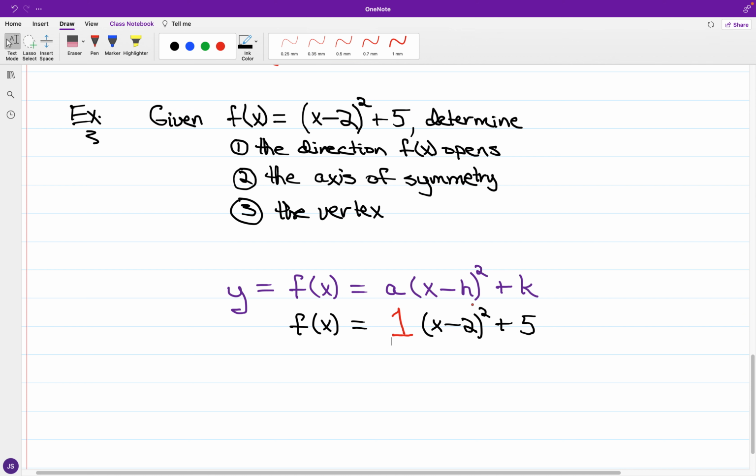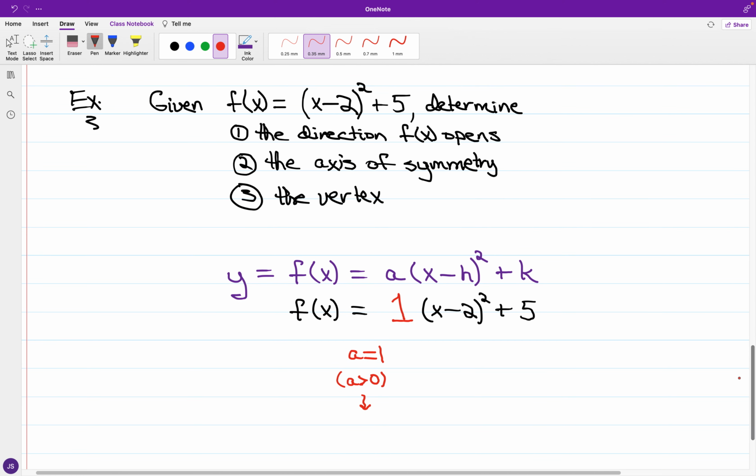So for a, a is going to be equal to 1, and in this particular case a is going to be positive. Again, if the leading coefficient is positive, then the direction upon which the graph is going to open is going to be up.